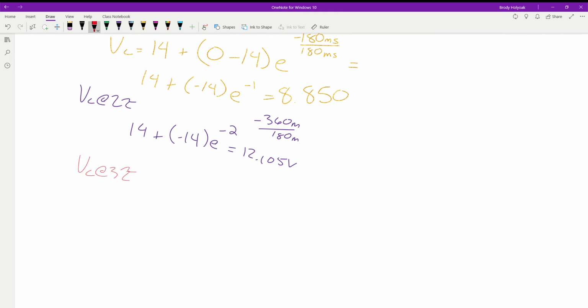Again, nothing's going to change other than our exponent. So 14 plus a negative 14 times e to the negative 540 milli over 180 milli. That's going to reduce to -3.